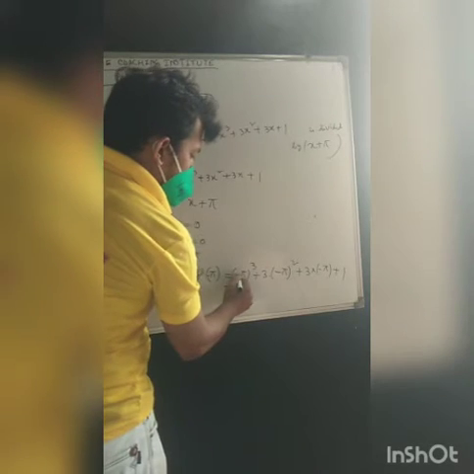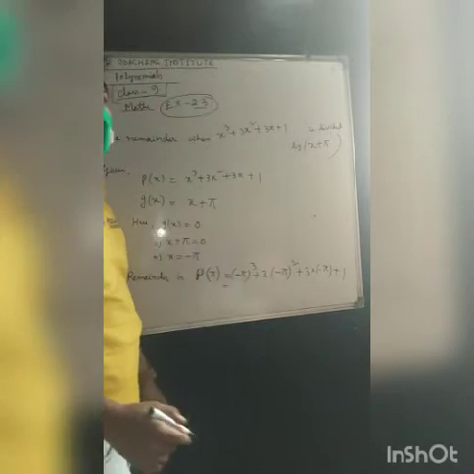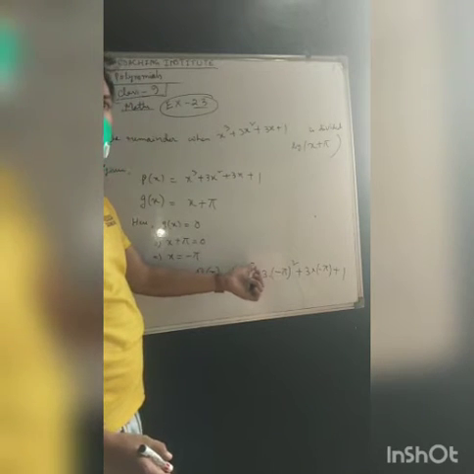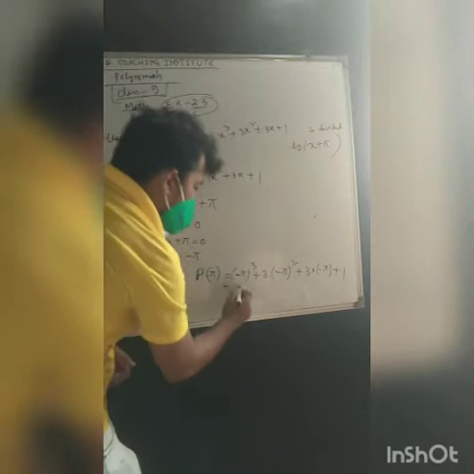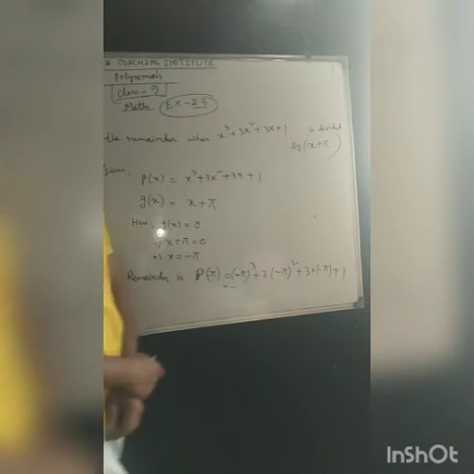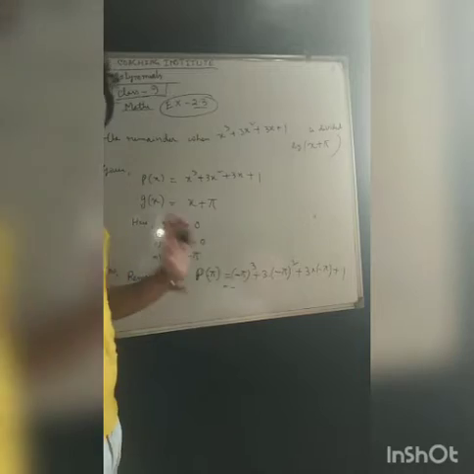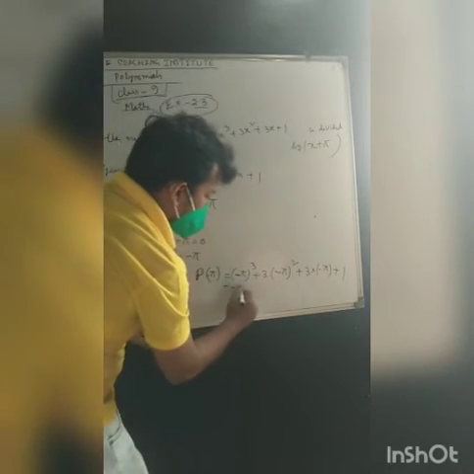So minus, and here cube. That means if there is a minus and the power is an odd number, then it will always be negative. So minus, and pi cube remains pi cube.